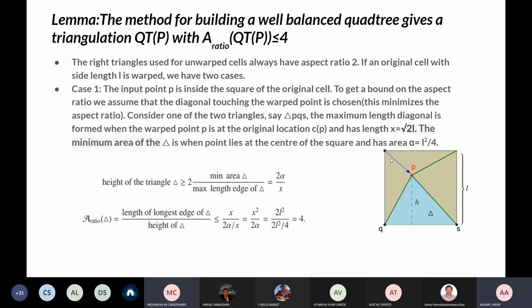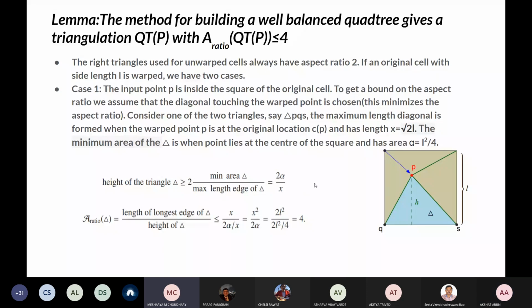We consider one of the two triangles, say the triangle PQS. The maximum length diagonal is formed when the warp point P is at the original location C of P and has length x equal to root 2 L. The minimum possible area for the triangle is when the point lies at the center of the square and has area alpha equal to L squared upon 4.